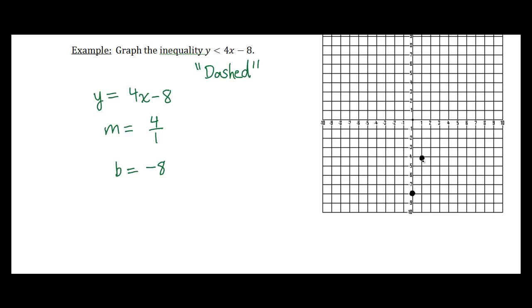I'm not looking at where lines intersect, so the straightness of my line is not that important in this case, but since I'm on this computer and it's a little hard to draw, I'm going to do my slope one more time. Up 1, 2, 3, 4, to the right 1, and I have a point on my line. That just helps me be a little more accurate while I'm drawing.